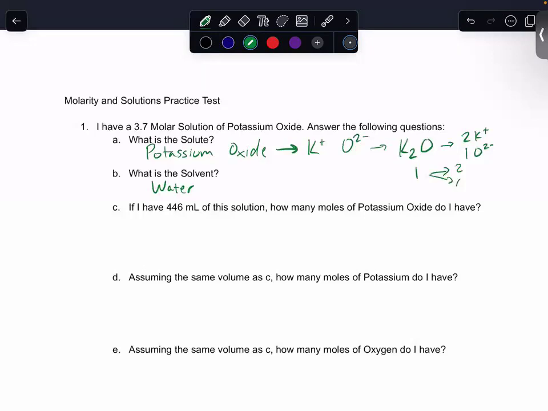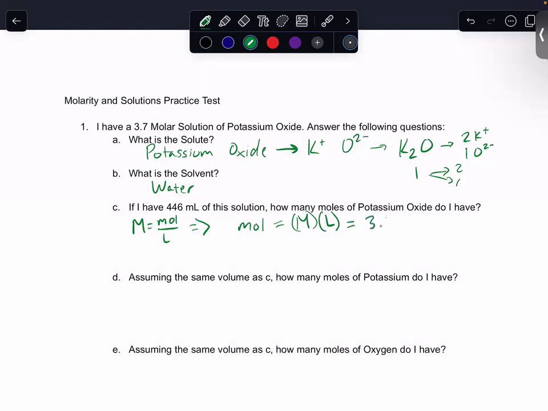All right. So part C, I have 446 milliliters of the solution. How many moles do I have? So we're going to use molarity equals moles of solute over liters of solution. In this case, we are going to change it to moles equals molarity times liters. Now that does mean we'll have to convert 446 milliliters into liters, but that's not too bad.